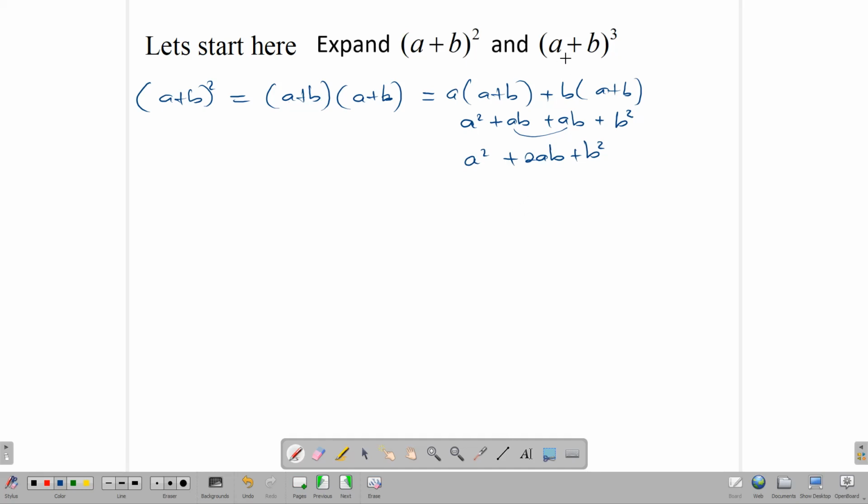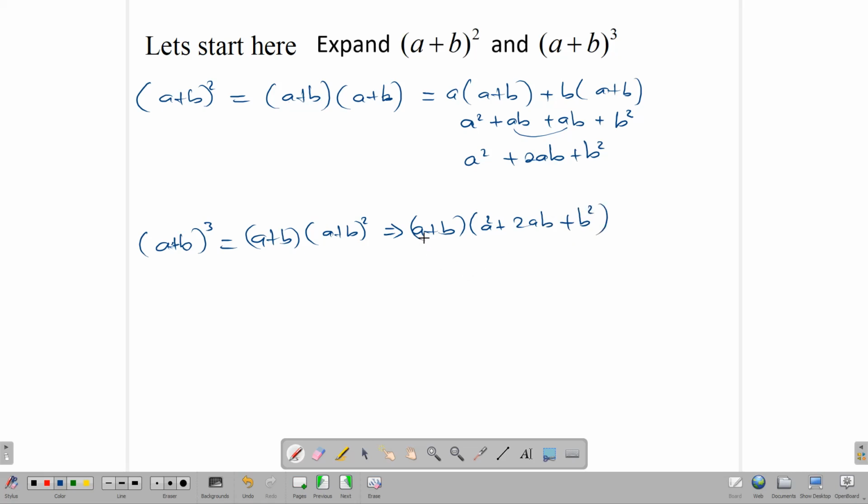Now let's try to work out a plus b to the third power. A plus b to the third power can be rewritten as a plus b times a plus b squared. And since we already worked out a plus b squared, what we're simply going to do is to write down a plus b times a squared plus 2ab plus b squared.